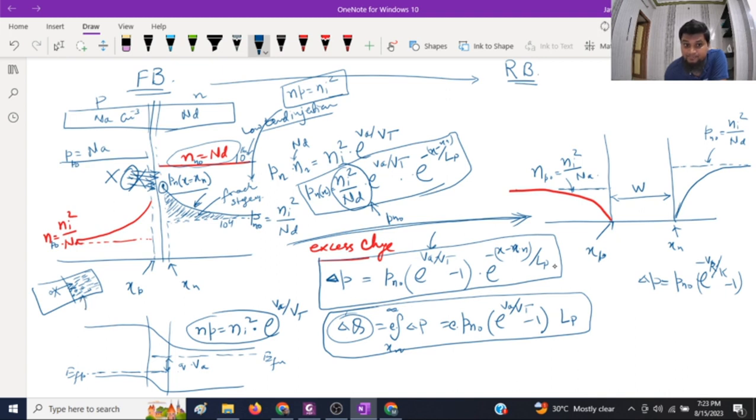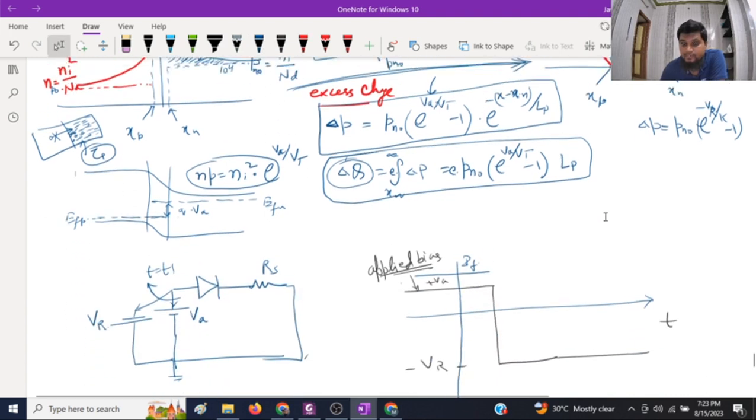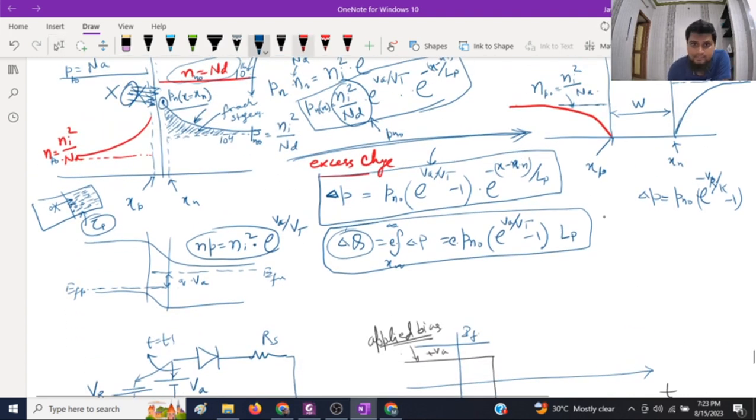At what rate? The hole recombination rate. And that is why these lines will decrease with time.